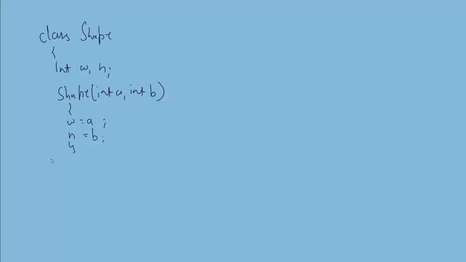So what would be the area of a shape? I'm not at all sure what the area of a shape is. How will I do it? So I'll go ahead and say undefined. Okay. Now I want to calculate the area of the rectangle.